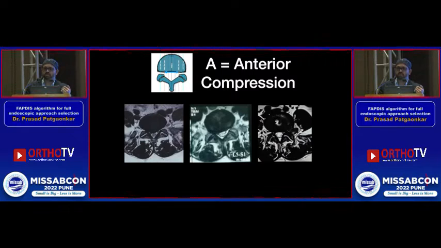Similarly, when we talk about anterior compression, it doesn't come as a single separate entity of A1 or A2. It comes as a combination of A1, A2. It can come as A2, A3. It can come as A3 or A4.